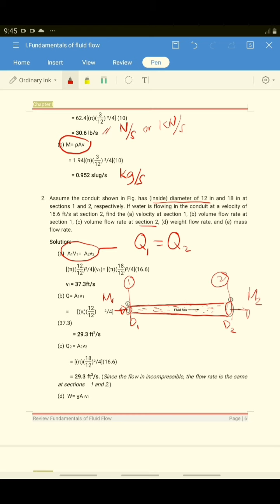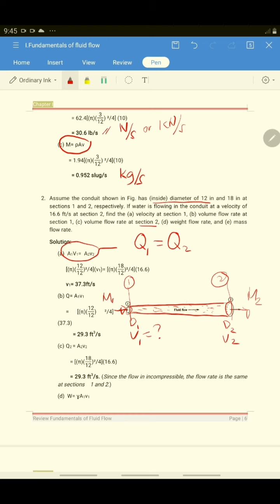So in that case, you can get the velocity, no? Because here, the velocity at section 2 is also given. So you can get the velocity at section 1.